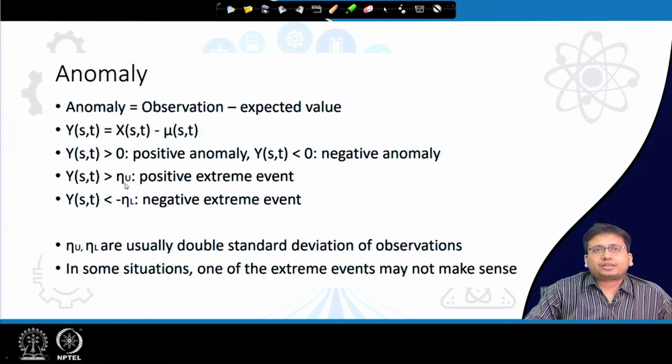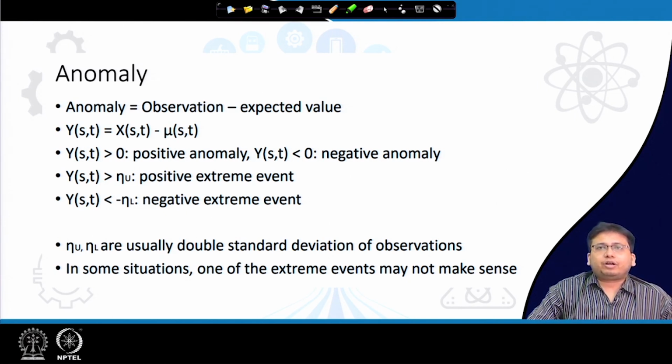Now, what these thresholds, nu, nl, etc., are is again subjective and context dependent. Sometimes people use double the standard deviation as a measure of these nu and nl, but that is not strictly necessary, and it is possible that in some situations one of the extremes may not make any sense, for example in the case of daily rainfall.